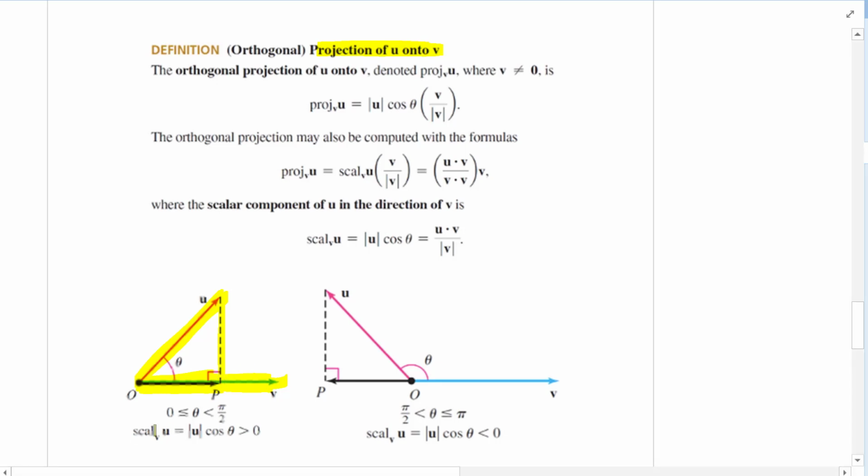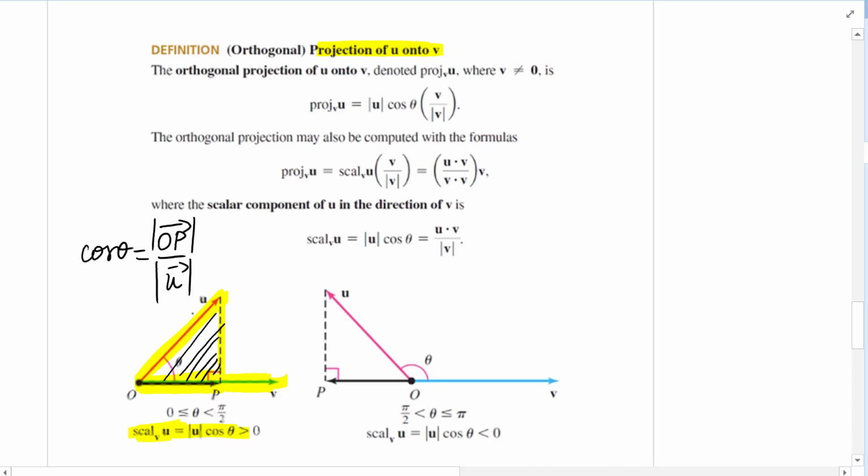And if I want to find the length of it, the scalar, it's actually the magnitude of u times cosine theta, and the reason is that cosine theta in this right triangle is the adjacent side, which is OP, over the hypotenuse, which is the magnitude of u.